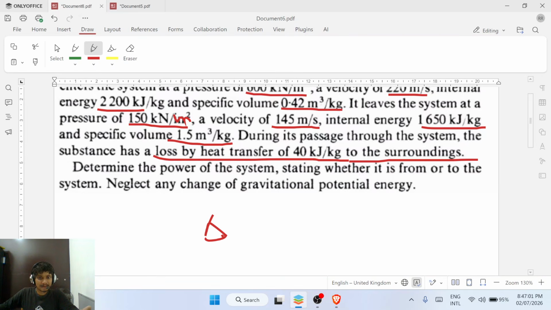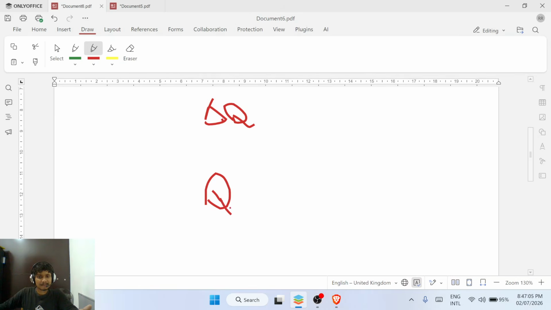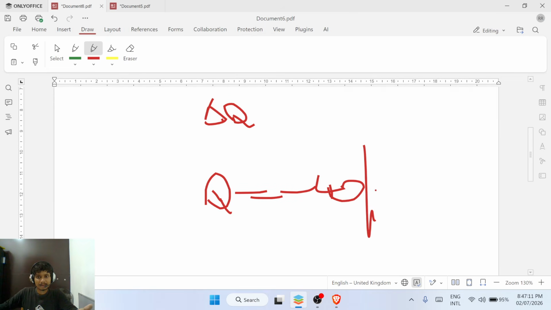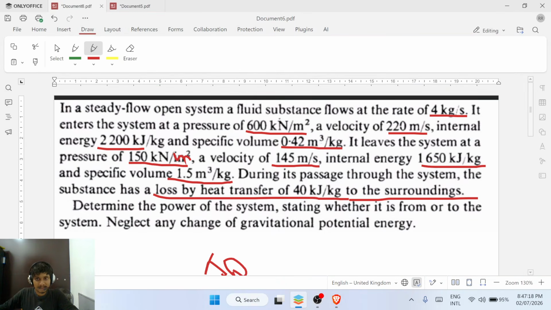Q is equal to minus 40 kilojoule per kilogram. This is the symbol for the heat loss to the surroundings.